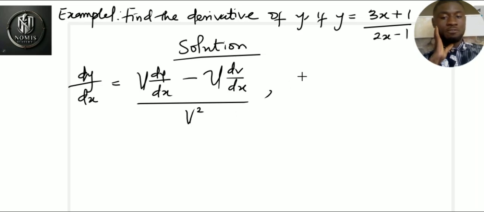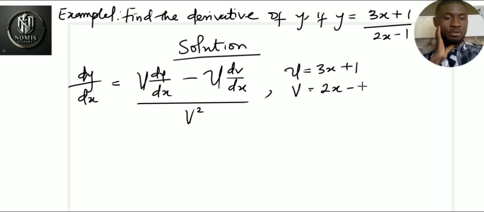Then you state out your parameters. So if this is the formula, what's your u? U is the numerator, don't forget, 3x plus 1. And what about the v? V is the denominator, that is 2x minus 1. So you take every component of this formula one after the other.